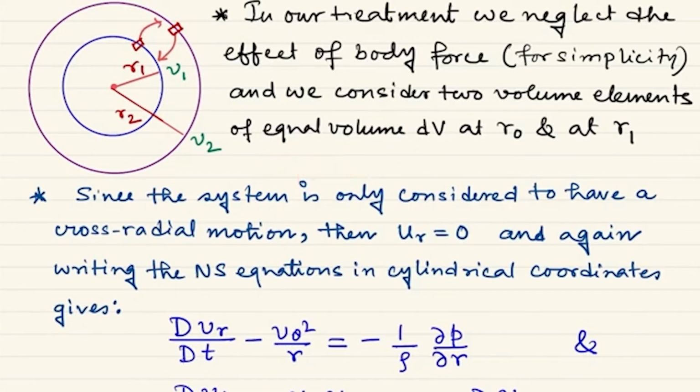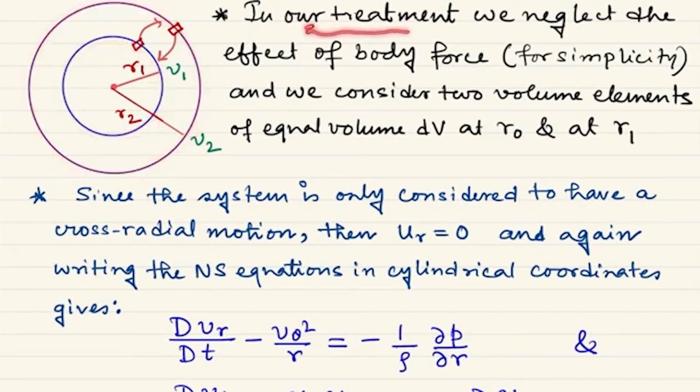This is the case for an accretion disk as well, and V theta is the whole velocity. You can see that this ring is moving with linear velocity v2, and this ring is moving with linear velocity v1. Of course, both of them are just rotating like this.